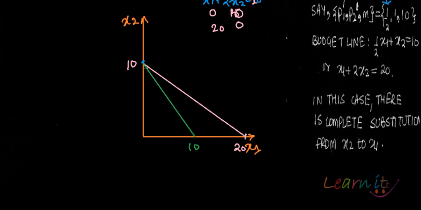So this is the minimum indifference curve I can reach with this budget line, and this is the maximum indifference curve I can ever reach with this budget line.